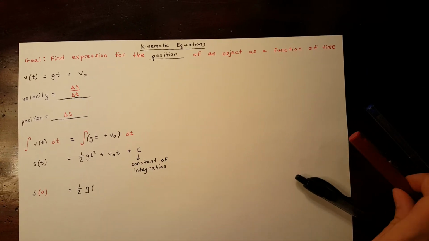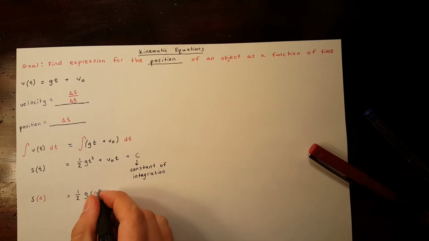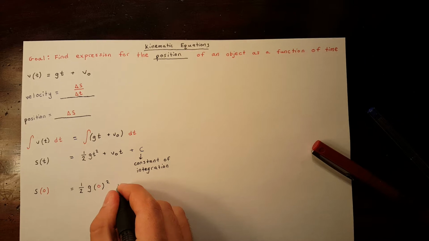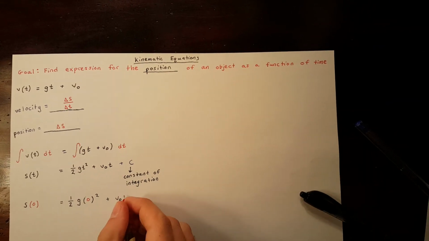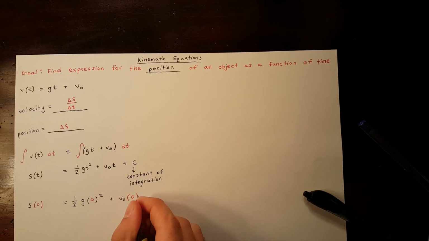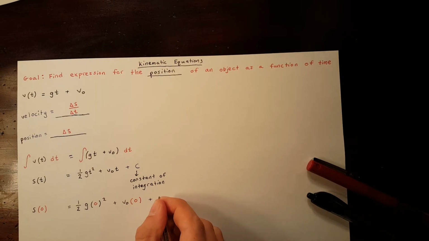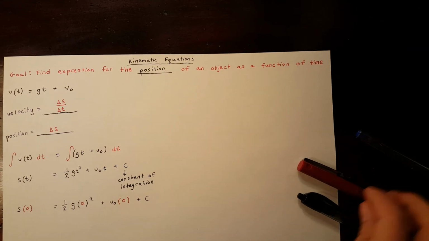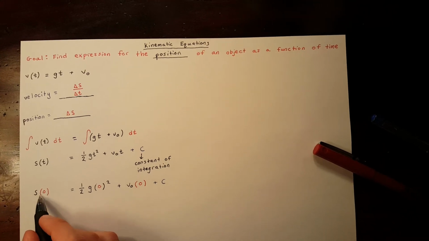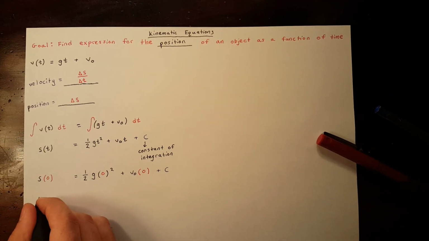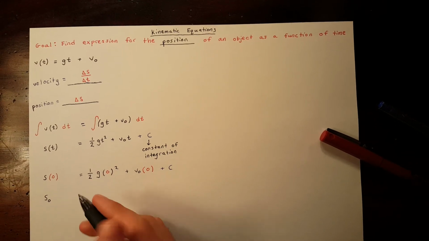Now we're plugging in 0 here, so times 0 squared plus v naught times 0 and plus c, which is what we're looking for. Now we can rewrite s of 0 as s sub 0. So this is the initial position.